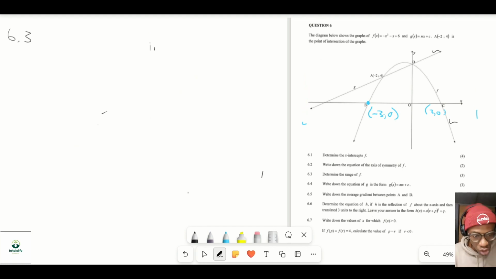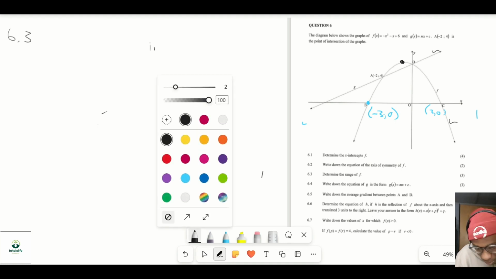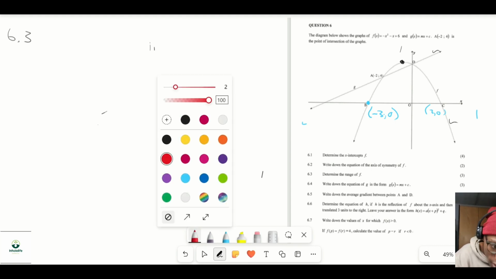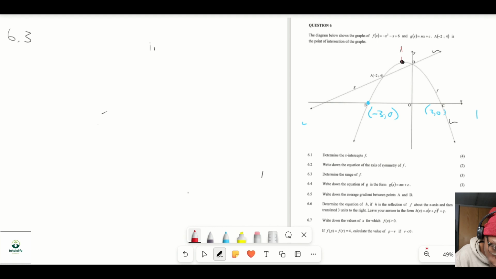Okay, cool. So remember we got our axis of symmetry. It's somewhere here. Let me just use a different color. Oh my god, I just changed to red. Okay, it's somewhere here. I hope it's visible.